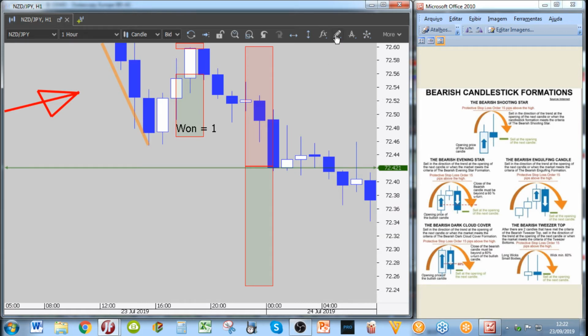And what is this one? Is this a bearish candlestick formation, everybody? And remember, we are talking about selling bearish candlestick formations in a downtrend as a scalper this time. Okay, what is this? Could this be a bearish shooting star, or maybe the bearish evening star?